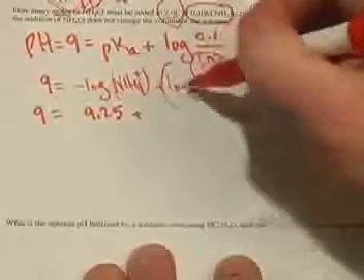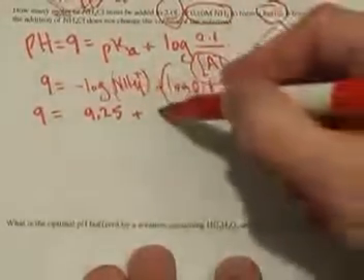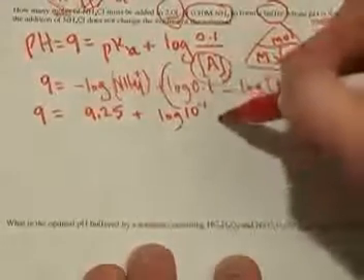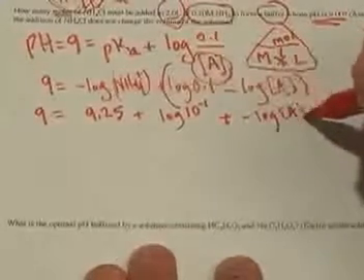Plus the log of 0.1, and the log of 0.1, you might be able to do that in your head because it's actually the log of 10 to the negative 1, plus a negative log of A. Right here, that's what we're going to look for.